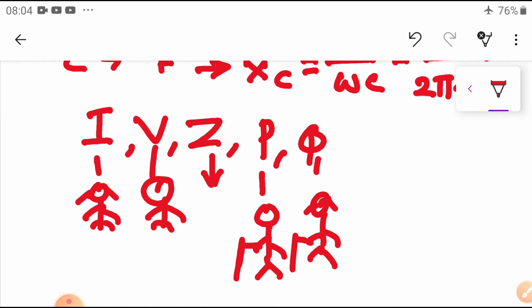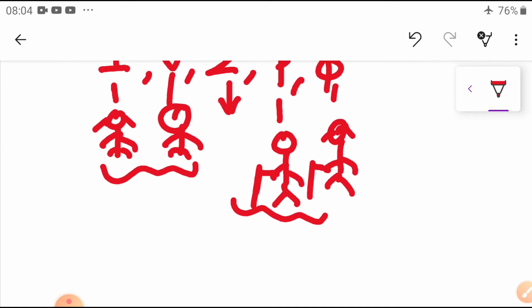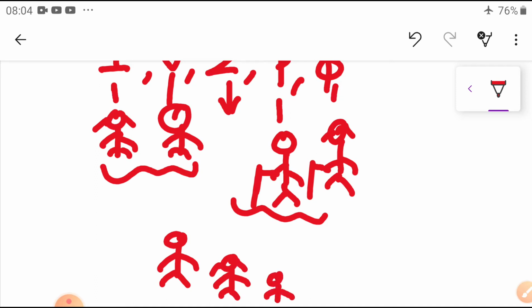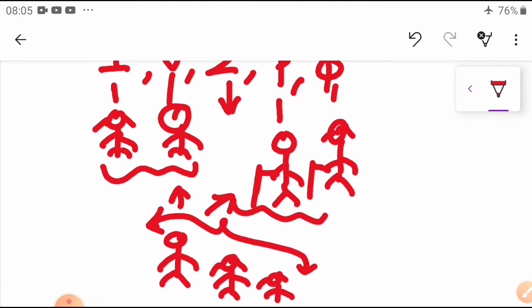We have seen how these four affect their kids: resistance, the inductance girl, and another girl, the capacitance. We have seen last class the impact of these three behaviors on parents and grandparents.